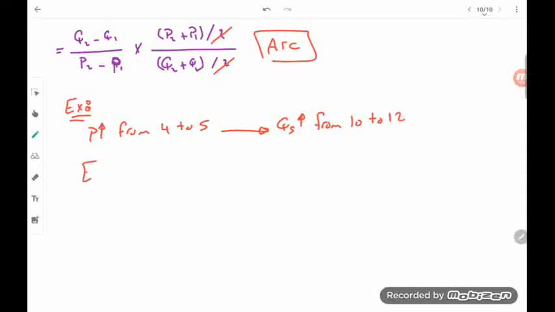So elasticity of supply will be Q2, 12 minus 10, divided by 5 minus 4, multiplied by 5 plus 4, divided by 12 plus 10.